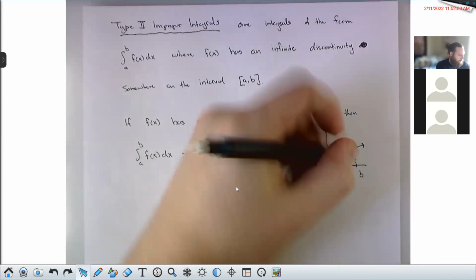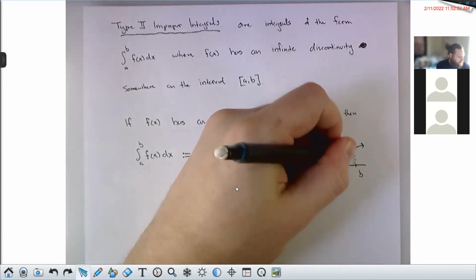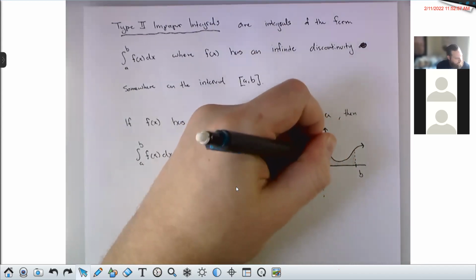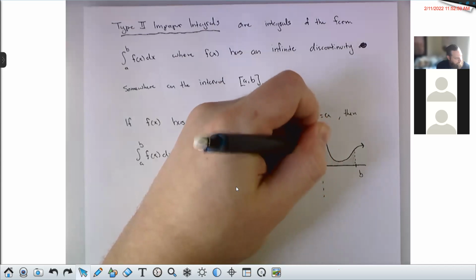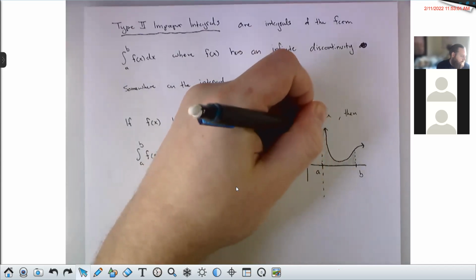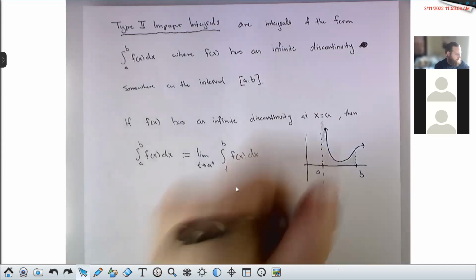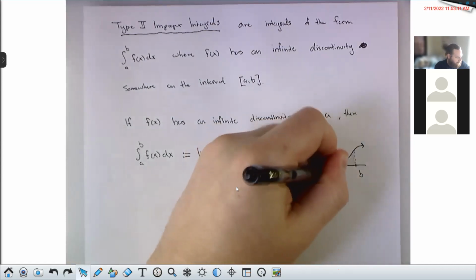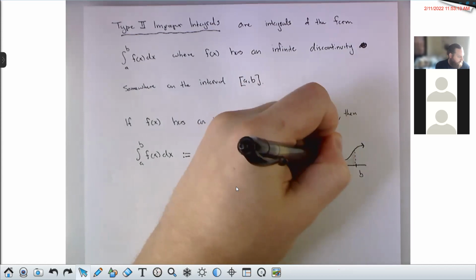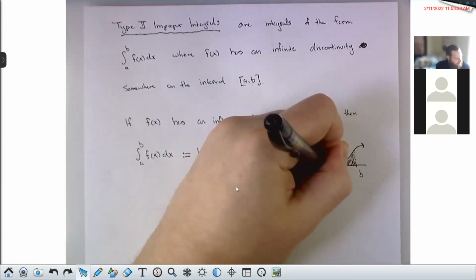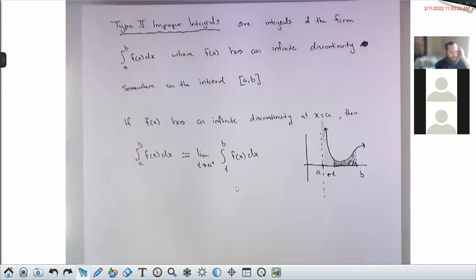The integral from a to b is trying to measure all of this area. And there's a problem over here because we're trying to integrate up to this asymptote. And the way we manage it is by plopping t in here, integrating from t to b, and then sending t over towards a from the right.